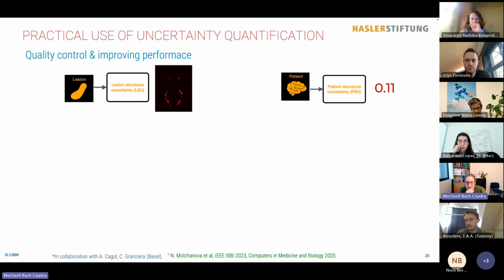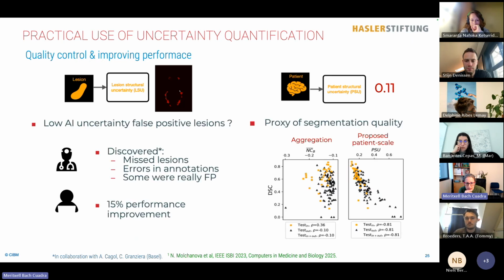So, our experience, how we integrated that in MS Explain. We had this lesion scale uncertainty that we wanted to explore. At this point we also had ground truth, and we were wondering, what are those lesions that seem to be false positives, but that the model is super certain about? What's going on? So we gave this back to the doctor, and we found very interesting results. It helped us to understand that approximately a third of the bunch of lesions we were providing, around 200 or so, were indeed missed lesions, so the doctor could re-annotate them.